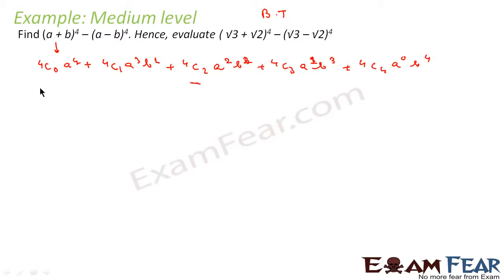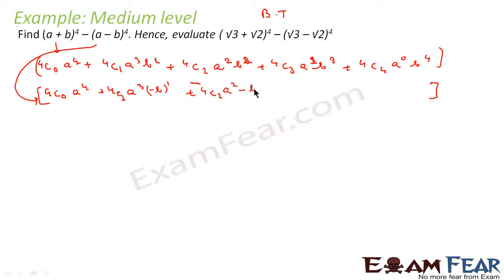We will say minus. I'll take this whole bracket now, this also in a bracket, so I'll expand this now. So (a minus b) to the power 4 becomes 4c0 a to the power 4 plus 4c1 a to the power 3 (minus b) to the power 1 plus 4c2 a to the power 2 (minus b) to the power 2 plus 4c3 a to the power 1 (minus b) to the power 3 plus 4c4 a to the power 0 (minus b) to the power 4.